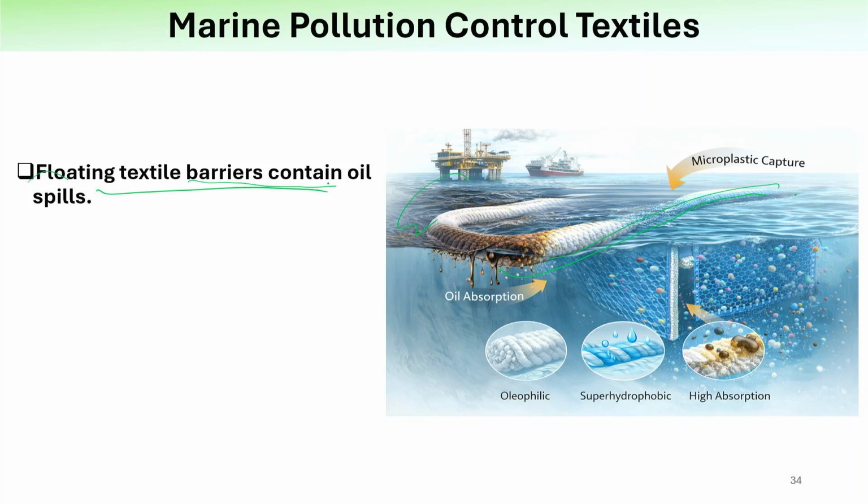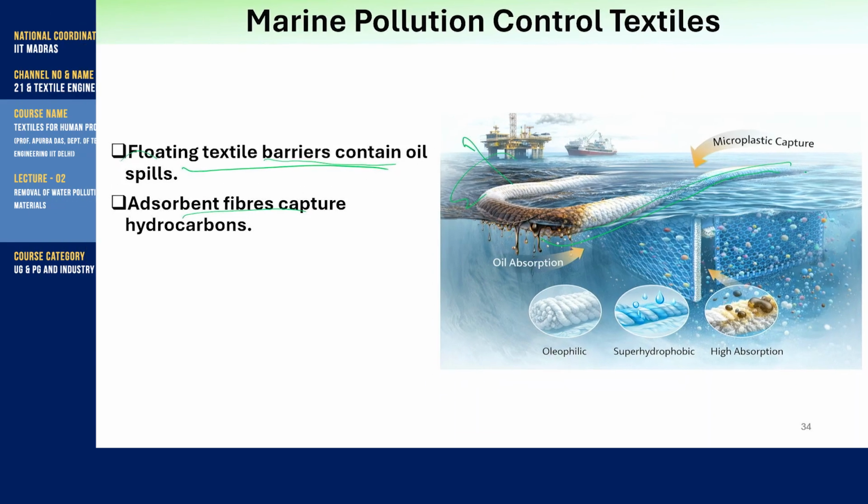First, it will not allow the oil spill to move towards a larger surface. It will try to contain the oil spill within a narrow zone, and then the adsorbent fibers' capacity is to capture the hydrocarbons.